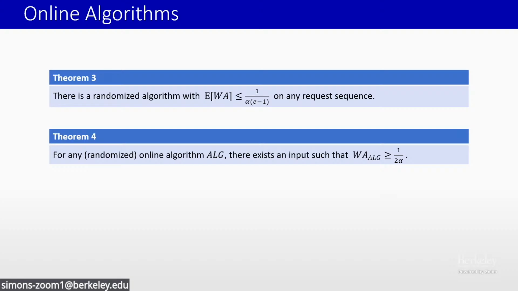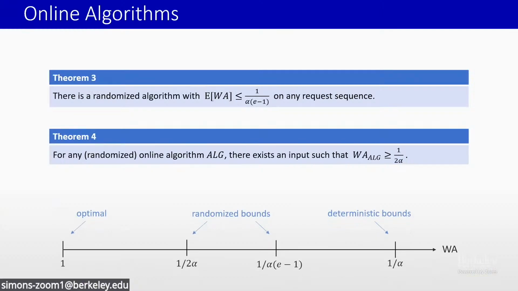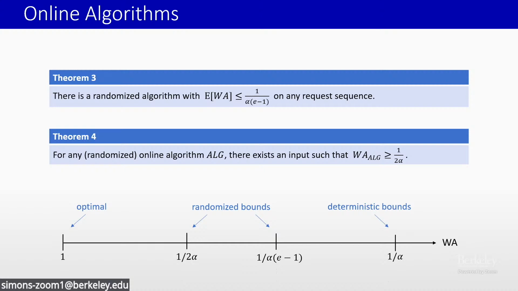And just by using Yao's principle with a uniform distribution over the arrivals of pages, we can show that the expected write amplification is at least 1 over 2 alpha for any randomized algorithm. So that leaves a small gap for randomized bounds.